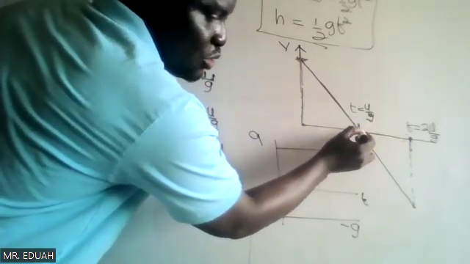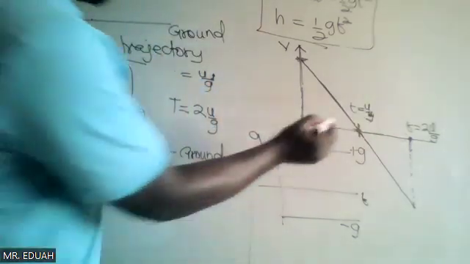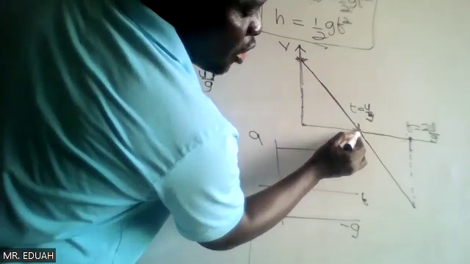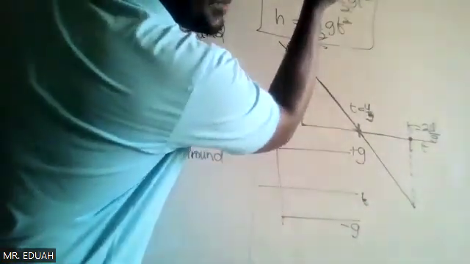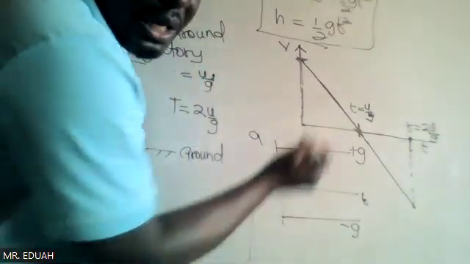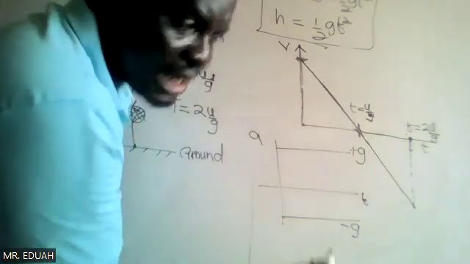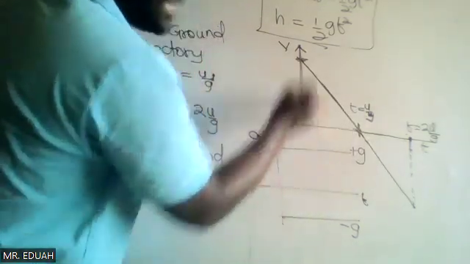And the time taken to do that is U over G. Now, when the line goes past the time axis, it means that the body is returning back to the ground, and its velocity is increasing in the opposite direction.